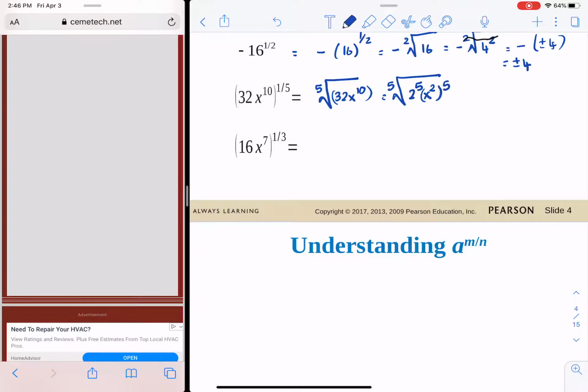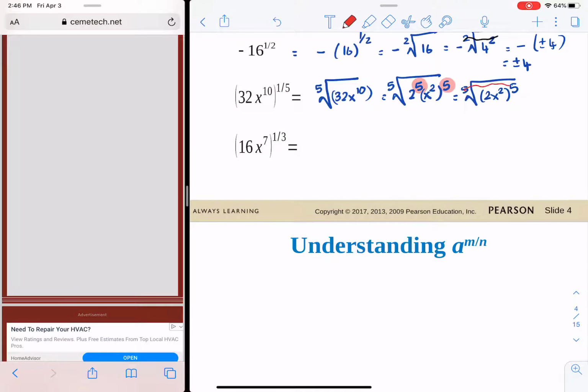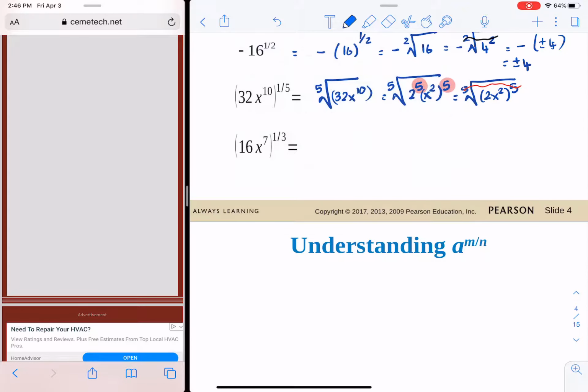Reason being 2 times 5 is 10. Those two powers are identical, so I can combine them and write it as 2x squared raised to 5. Now, the root cancels the power, and we would simply end up having 2x squared.